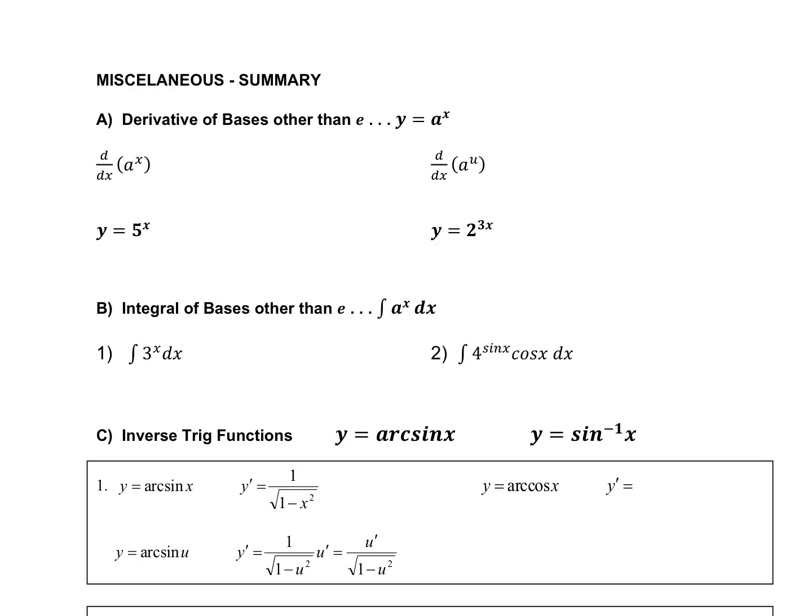Also, this page, so for our miscellaneous formulas. Within these miscellaneous formulas, we talked about derivative of bases other than e. So the derivative of a to the x is itself times the ln of the base a, which means when you integrate, you get a to the, oh, that's further down here.